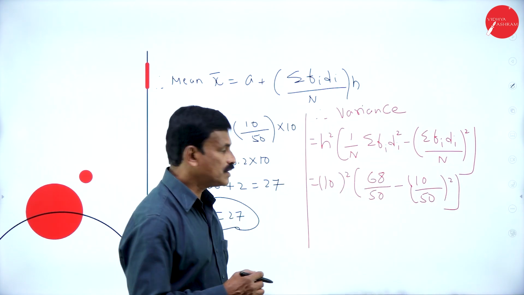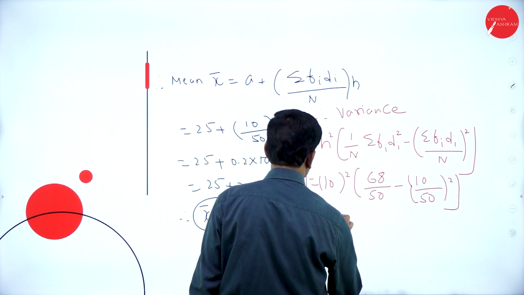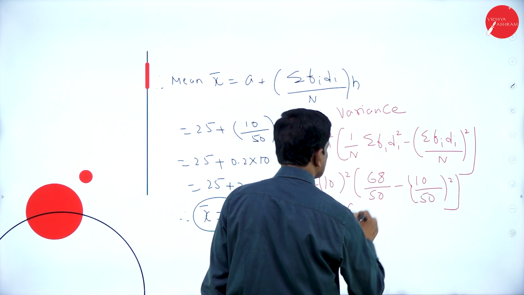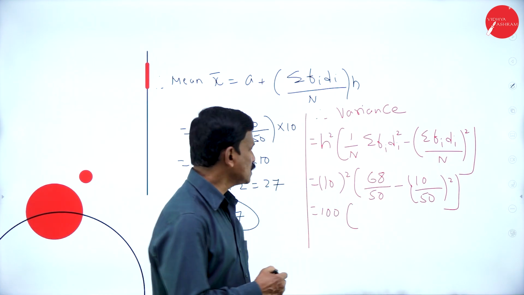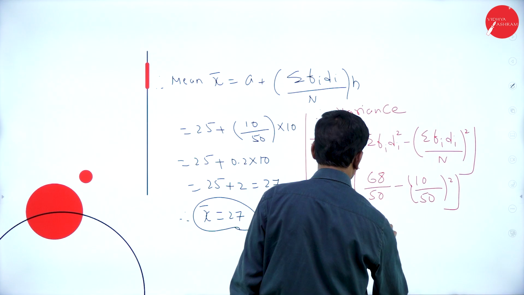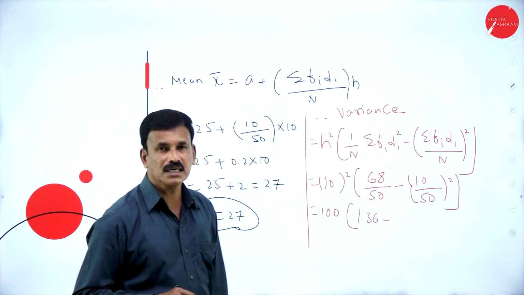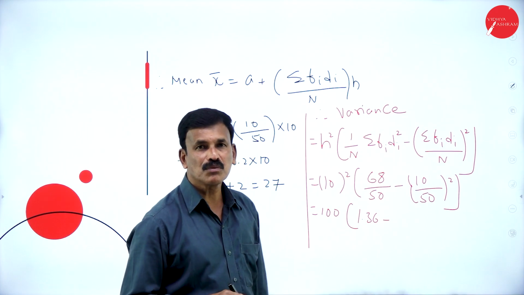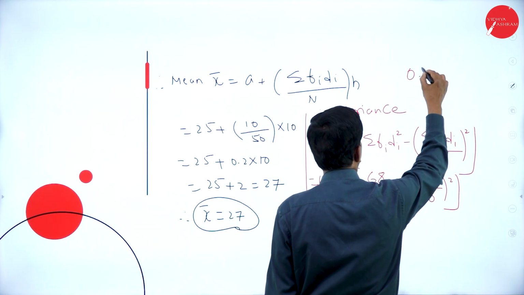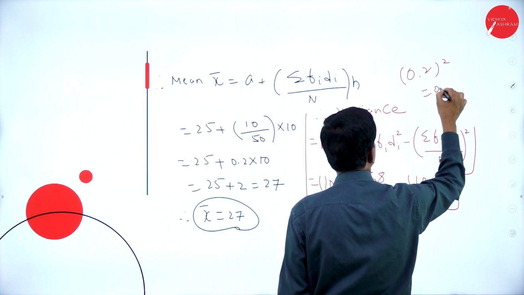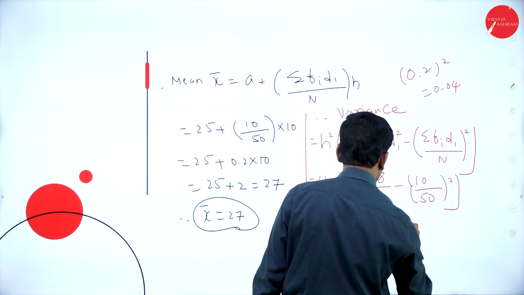Simplify this. 10 square is 100. 68 divided by 50 is 1.36, minus 10 by 50, which is nothing but 0.2 whole square. 0.2 whole square is equal to 0.04.